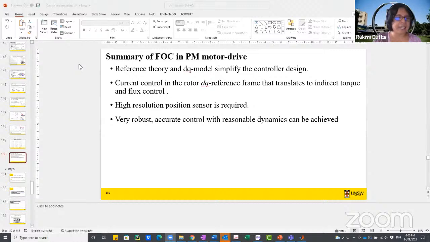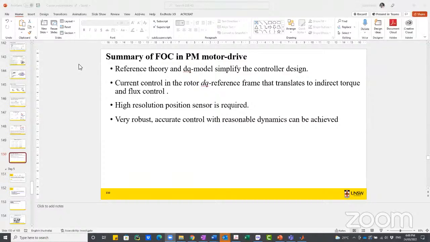Okay, so there is a question, I don't know whether it's from Devasis. Do you like to know why the direct axis inductance is less?